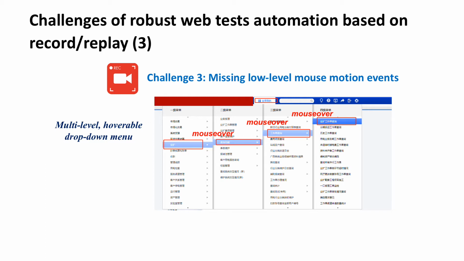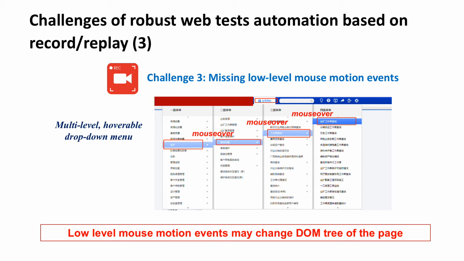If such low-level mouse motion events are ignored, the click action will fail to locate the target, leading to test breakage. Note that Selenium IDE and the URL recorder allow the testers to manually insert mouse-over events during the interaction with the application. However, it's not automatic, and the tester may forget to insert it, leading to test breakage during the replay.